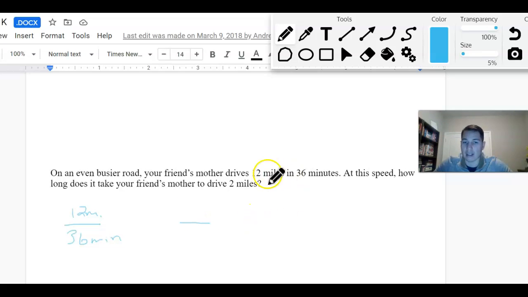Okay? We're trying to get to 2 miles. Our miles are on top, so we need to keep our miles on top over here. Then from 12 miles to 2 miles. How do I get from 12 to 2? Yes, divide by 6. 36 divided by 6 gives us 6 minutes to travel 2 miles.